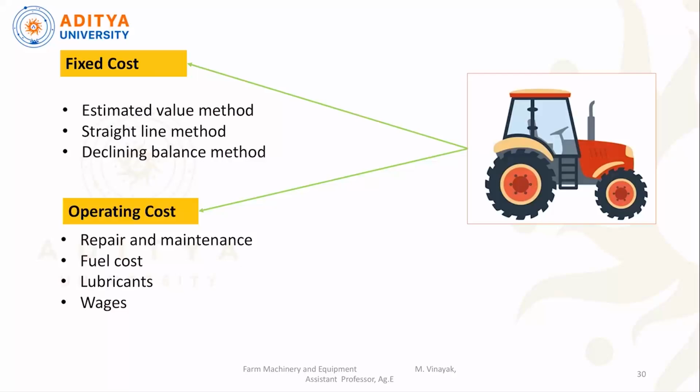Next one, for the estimation of fixed cost and operating cost, some methods are there. For the estimation of fixed cost: the estimated value method, straight line method and declining balance method. Among the 3 methods, the most efficient and most used is the straight line method, so we will discuss the straight line method only. For estimation, the cost can be divided into two sections, fixed cost and operating cost.